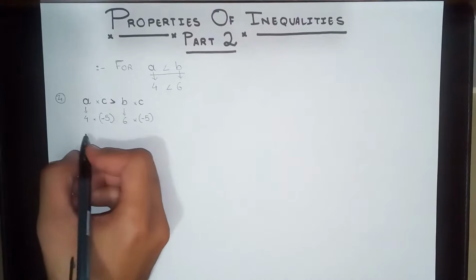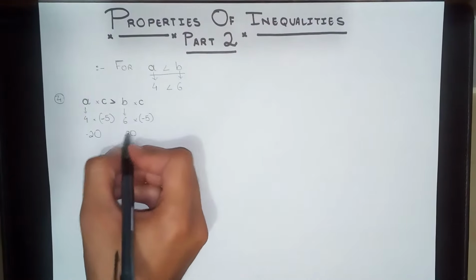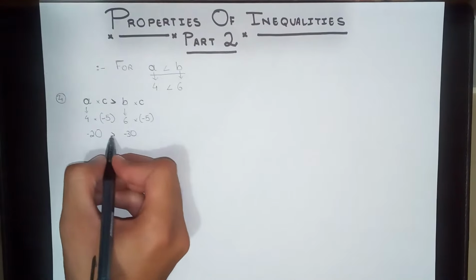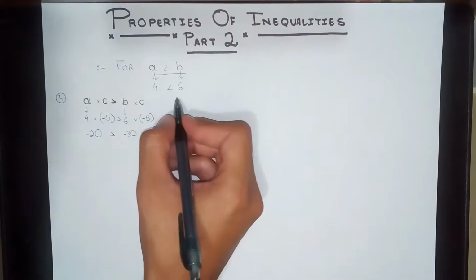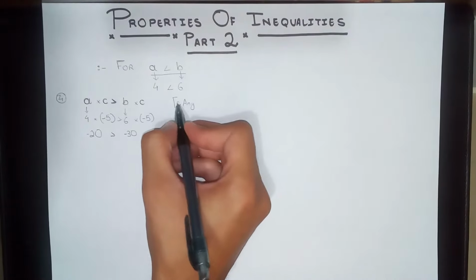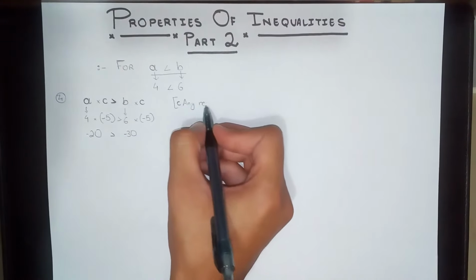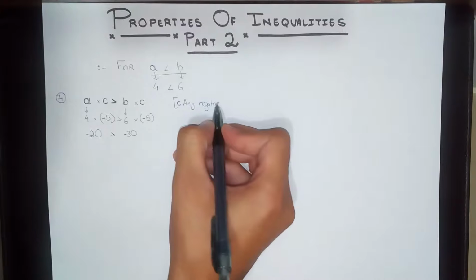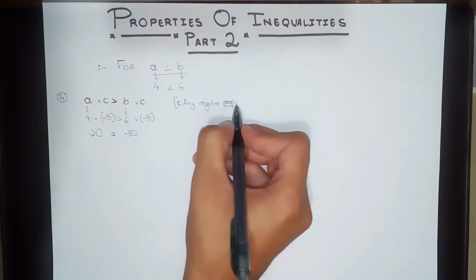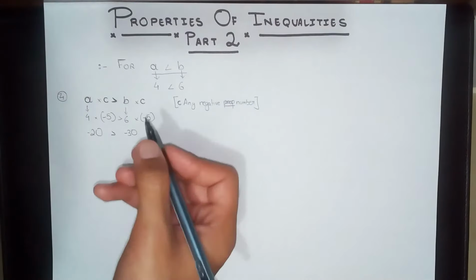Now -5 times 4 is equal to -20, and -5 times 6 is -30. Now as you can see, -20 is greater than -30. C can be any negative number. This is the only thing that we need to be careful about for the fourth property.